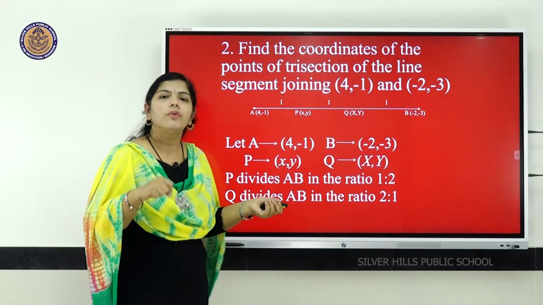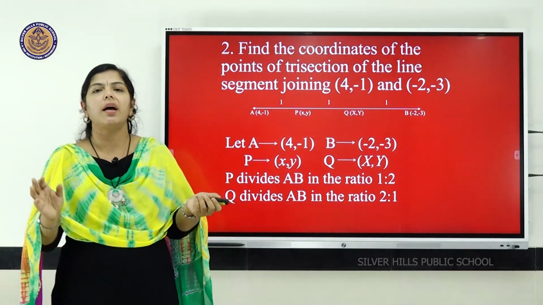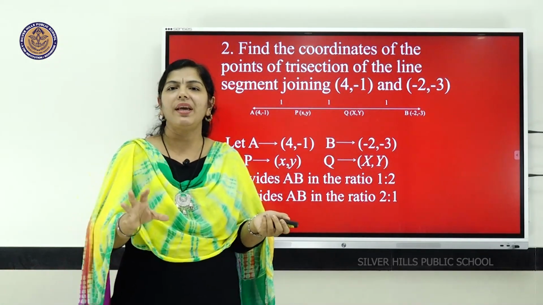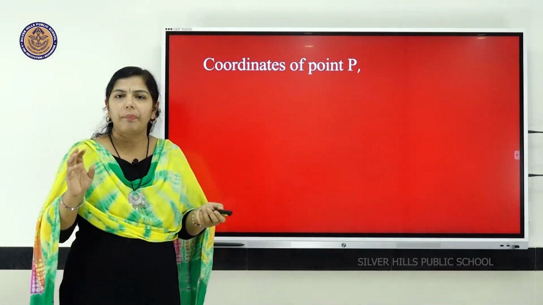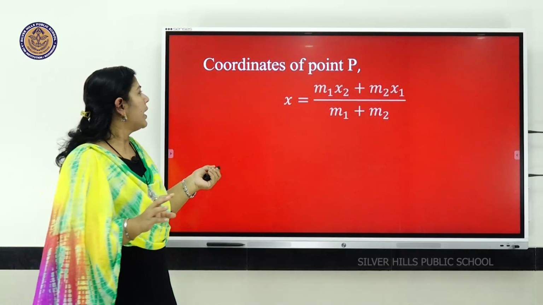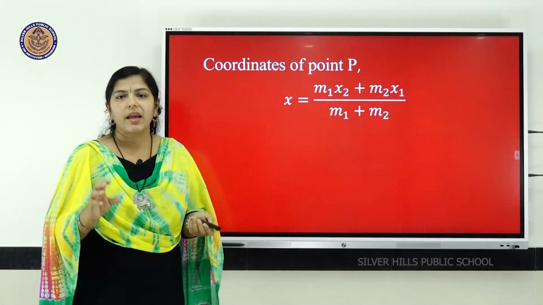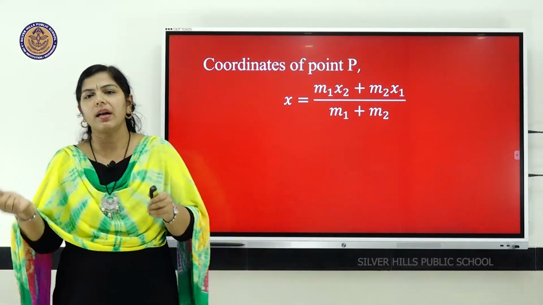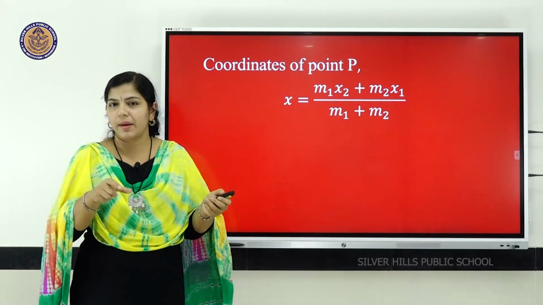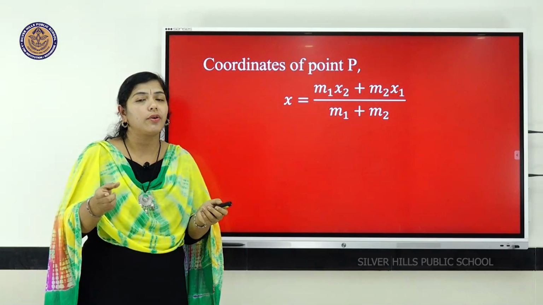Okay. So, we will use the same section formula to find the coordinates of P and Q. Let us see the coordinates of the point P first. x equals (m1 x2 plus m2 x1) by (m1 plus m2). The formula should be clear to you.